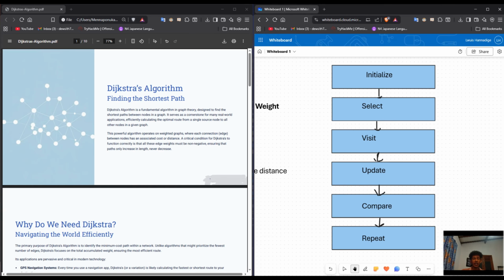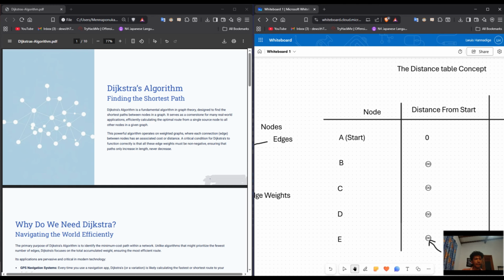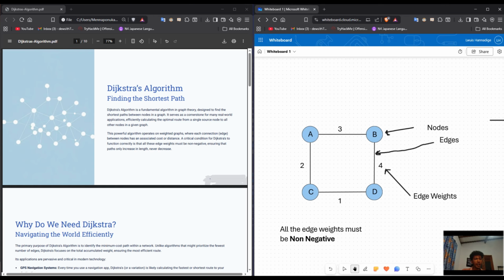Pick always the unvisited node. If you have visited node B, then you can draw a cross or a line like this and remove it. Then you can't revisit this node. Then you can go from A to C like that.